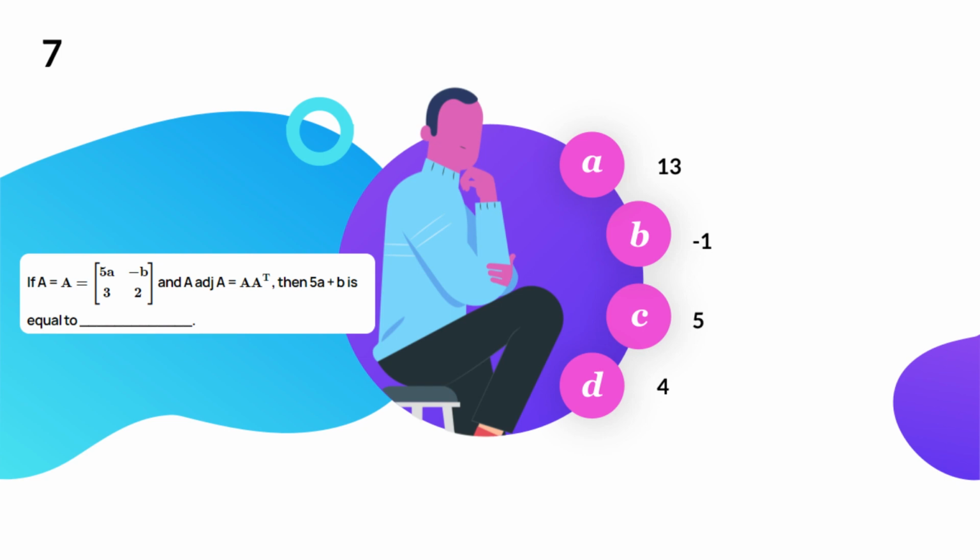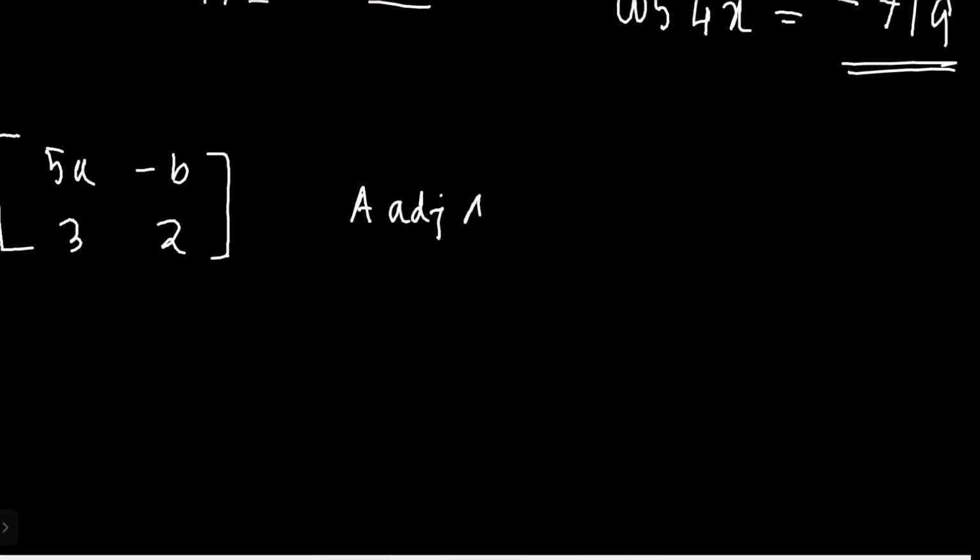So it is number 7. It is given that A is equal to the matrix 5a, minus b, 3 and 2. Another thing given is that A adjoint A is equal to A into A transpose.